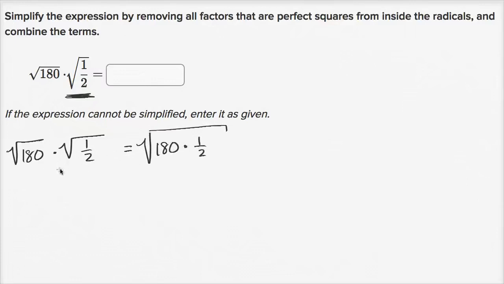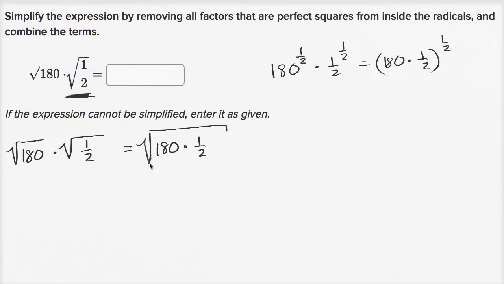And this just comes straight out of our exponent properties. It might look a little bit more familiar if I wrote it as 180 to the 1/2 power times 1/2 to the 1/2 power, which is equal to 180 times 1/2 to the 1/2 power. Taking the square root, the principal root, is the same thing as raising something to the 1/2 power.